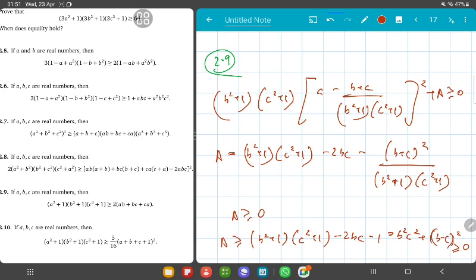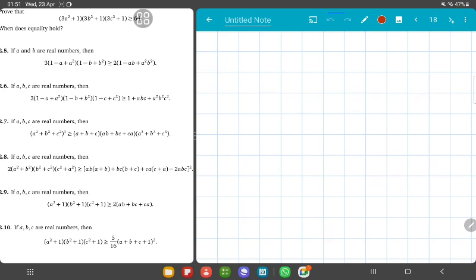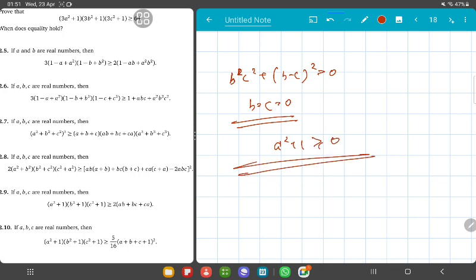So this equality holds if b square c square plus (b minus c) square is equal to 0. Only if b equals c equals 0, the original inequality becomes a square plus 1 greater than 0, which strictly follows.